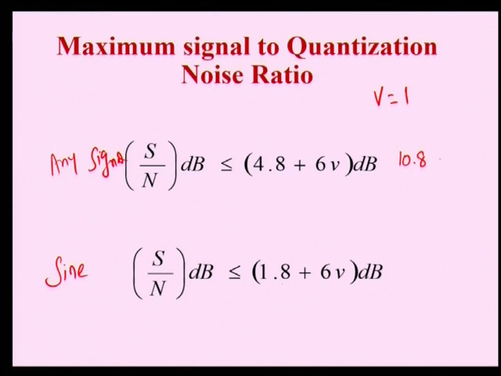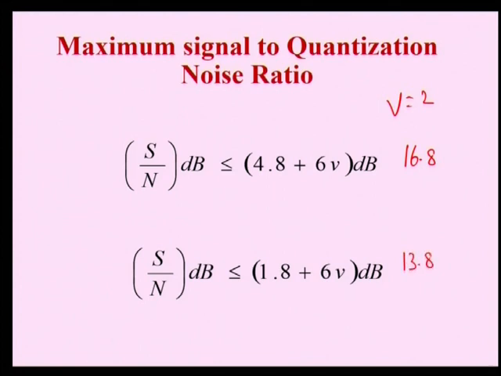The signal to noise ratio is 10.8 dB, and here if v is 1, then the signal to noise ratio is 7.8 dB. If v is 2, then 6 into 2, 12 plus 4.8, that is 16.8, and here 12 plus 1.8, 13.8.